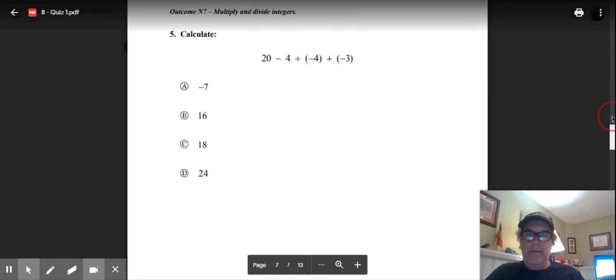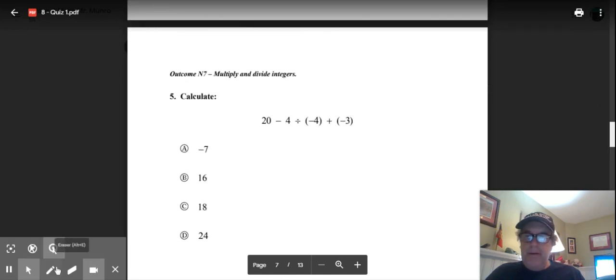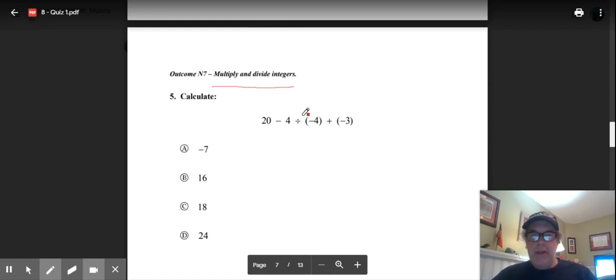Question number 5. Again, dividing and multiplying integers, you have to remember your order of operations. This would be first, this will be second, this will be third, remembering that addition or subtraction goes in order from left to right. It depends upon how you want to handle this one.